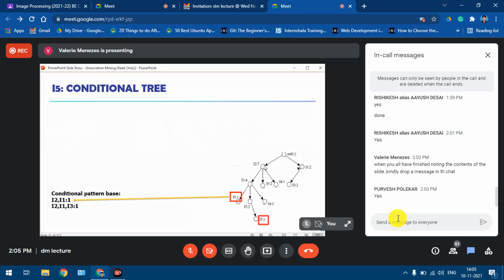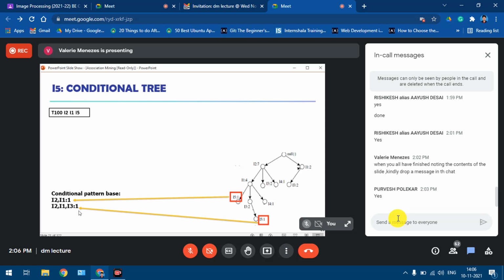In the second branch I2, I1, I3, I5, the count is 1 for I5, so we append this count. Now look at the transactions which have I5 in the ending. We have transaction T100 where I5 is in the ending.